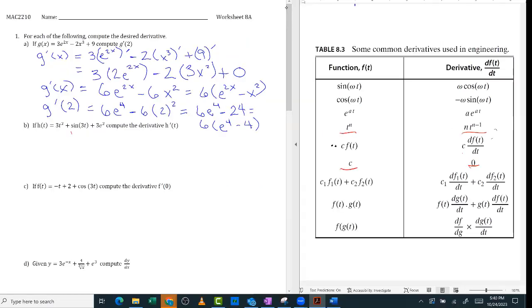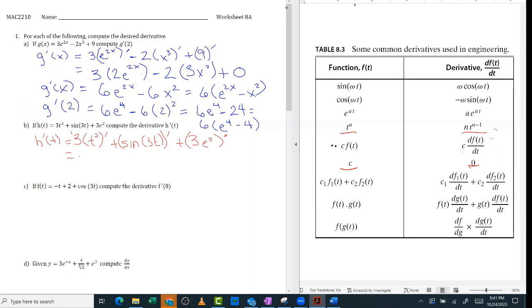Here I have h of t equals 3t squared plus sine 3t plus 3e squared. Compute h prime. H prime of t is equal to 3 times the derivative of t squared plus the derivative of sine of 3t, plus 3e squared, and I want the derivative of that.